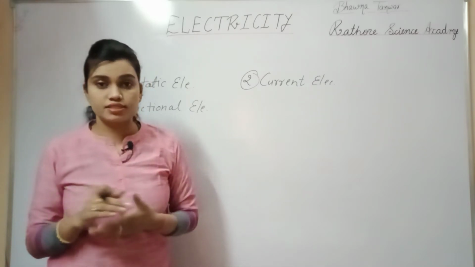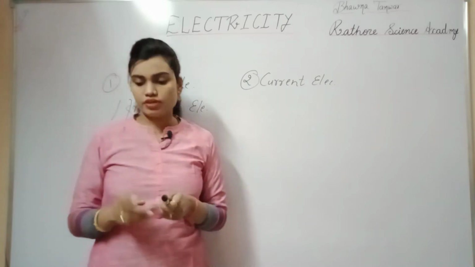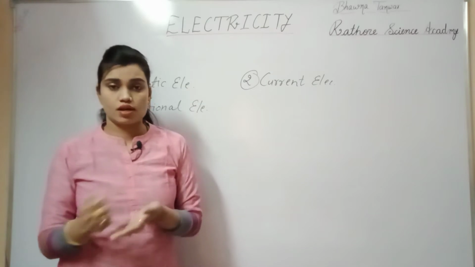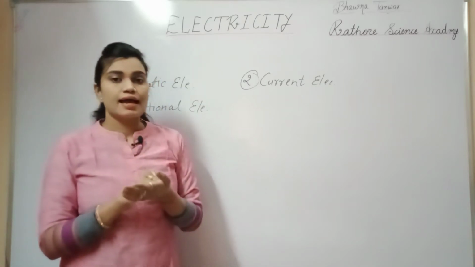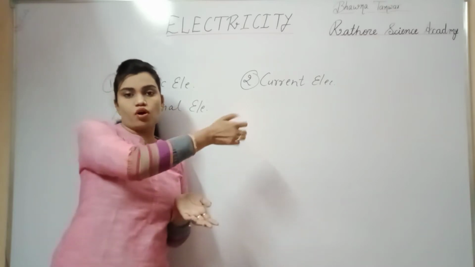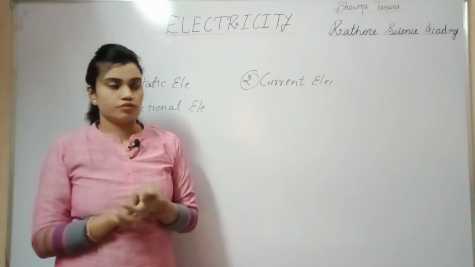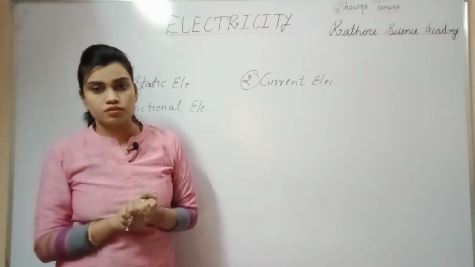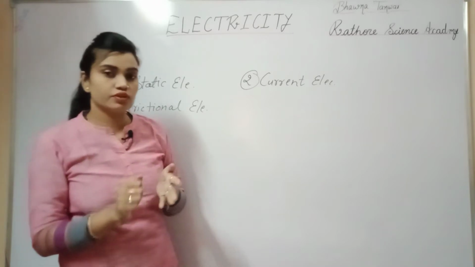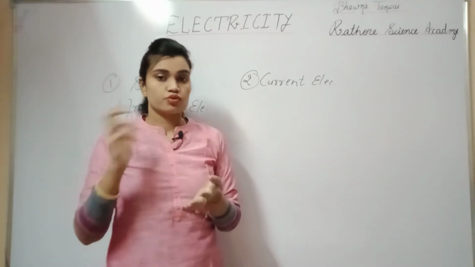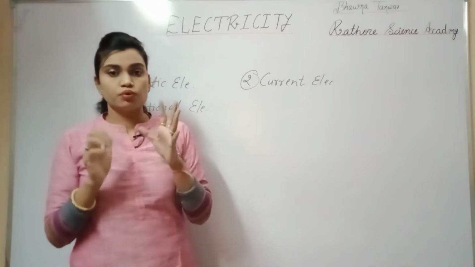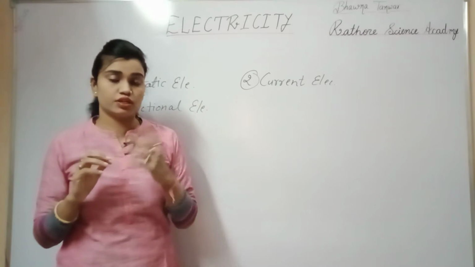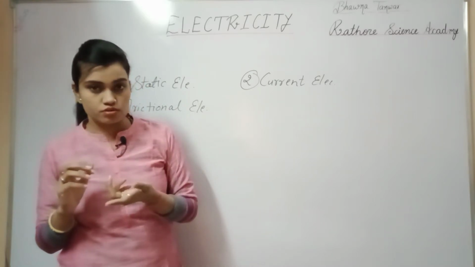And if we talk about an example, while we rub the balloon on the woolen cloth, right, and then we hold it to the wall, it will stick to the wall. Why does it happen? The reason is when we are rubbing the balloon on the woolen cloth, both are at that time electrically neutral because both have an equal number of protons and electrons, right?